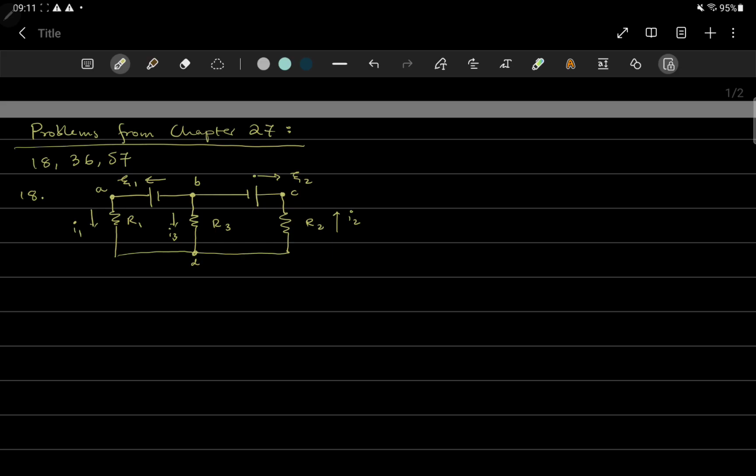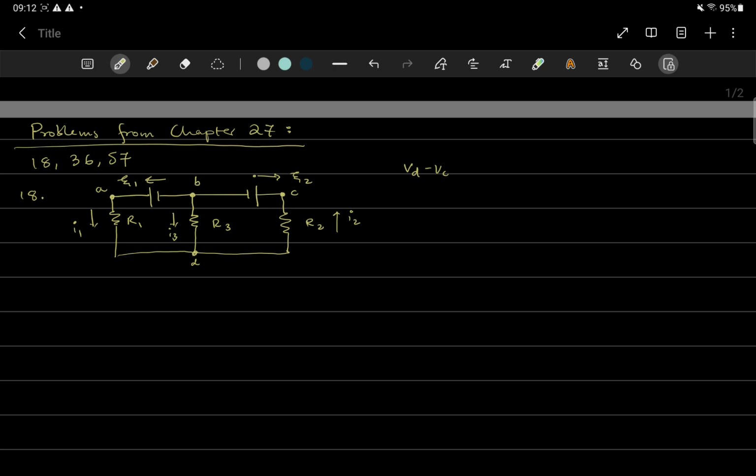So now the question states that we need to find the potential difference VD minus VC, which means around this part. Whichever direction you go through the loop, we have to find the potential difference between these two points D and C.